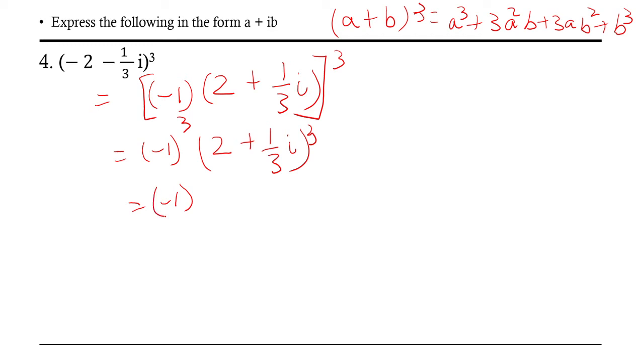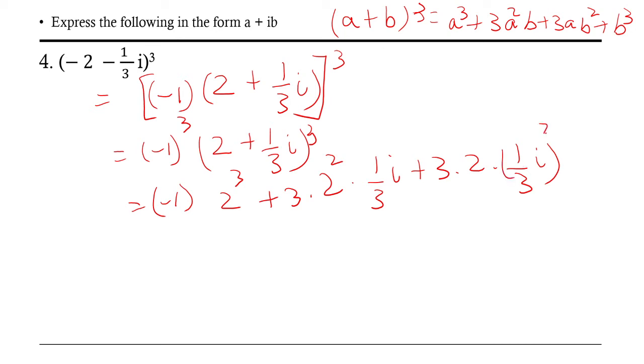Here (2 + 1/3 i)³ is 2³ + 3 into 2² into 1/3 i + 3 into 2 into (1/3 i)² + (1/3 i)³.